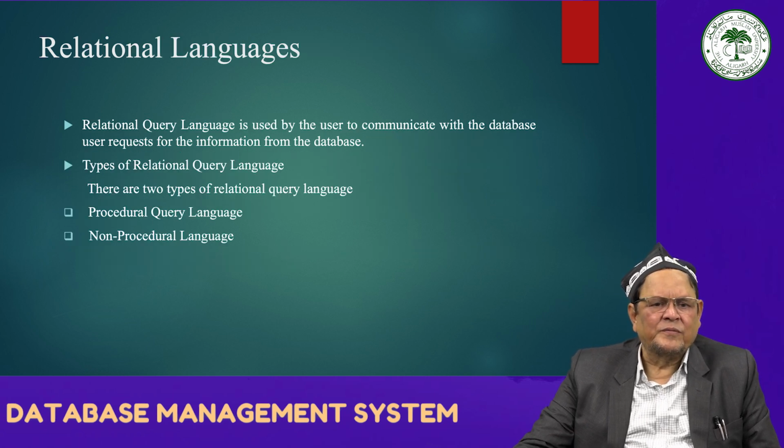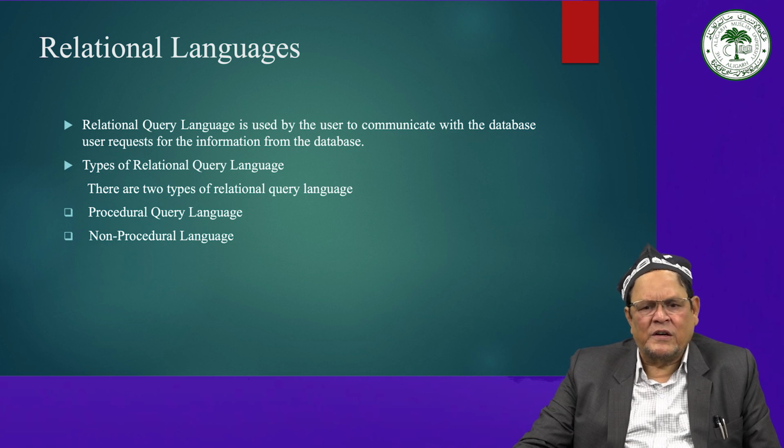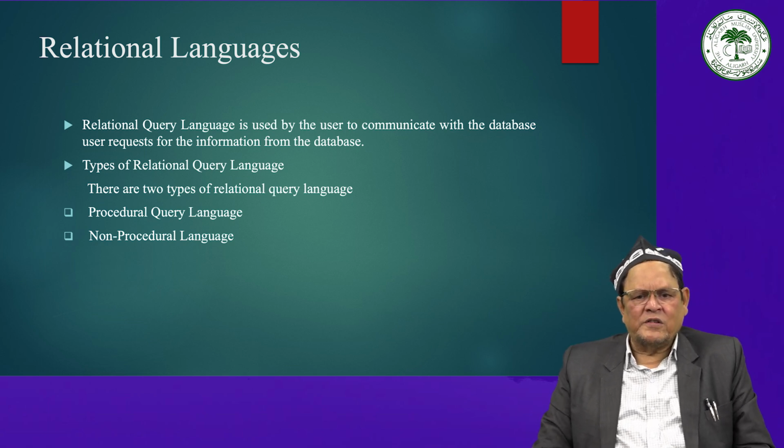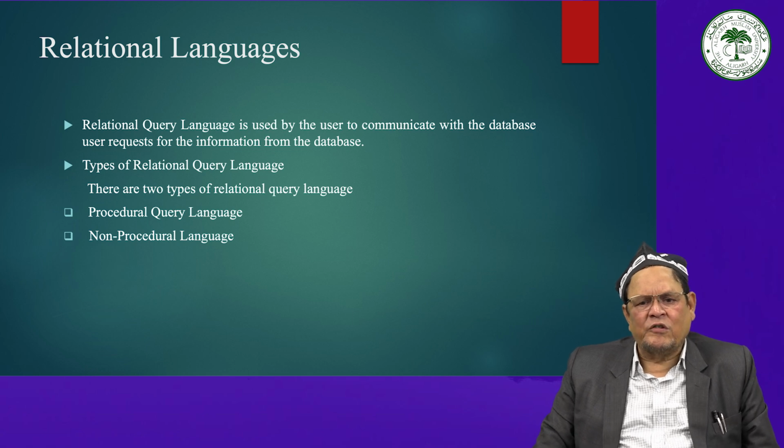Relational language. A relational query language is used by the user to communicate with the database, with user requests for information from the database. Relational algebra breaks down the user request and instructs the DBMS to execute the request. It is the language by which the user communicates with the database.